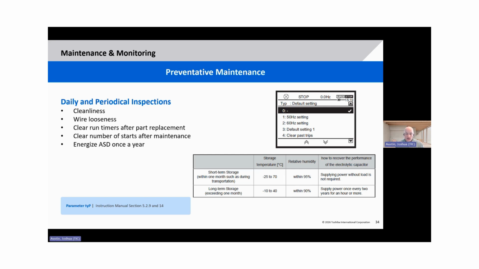When you're checking on the drive, depending on your maintenance procedure or program, you may want to clear run timers or clear the fault history and keep a log of those things outside of the drive, as part of a maintenance program.